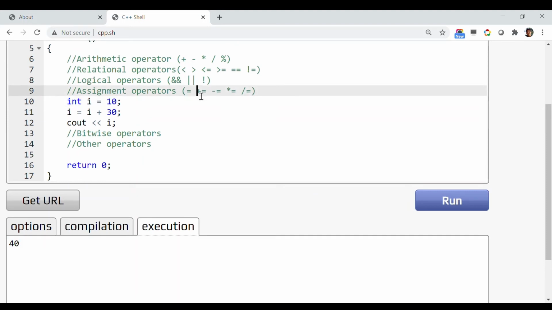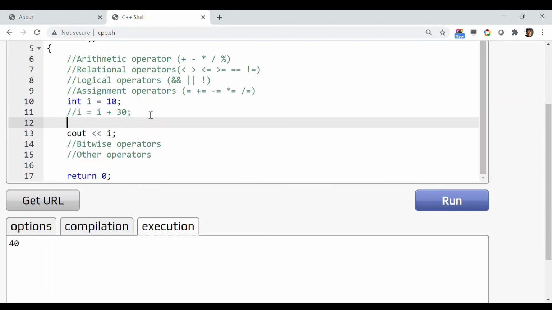Now this plus equals is simply the shorthand form of this entire expression, I equals I plus 30. Instead of writing this, you can write I plus equals 30.